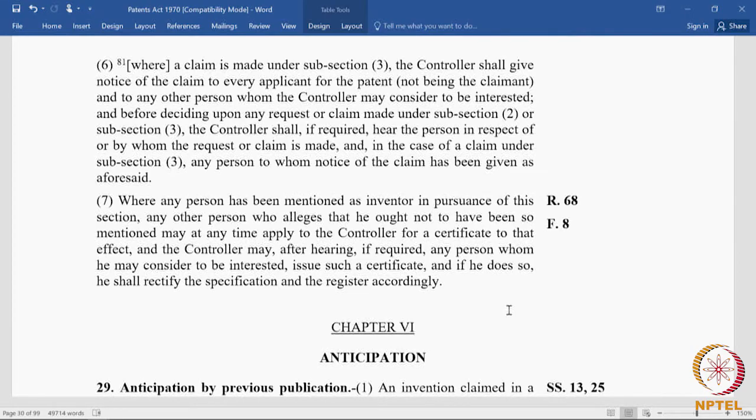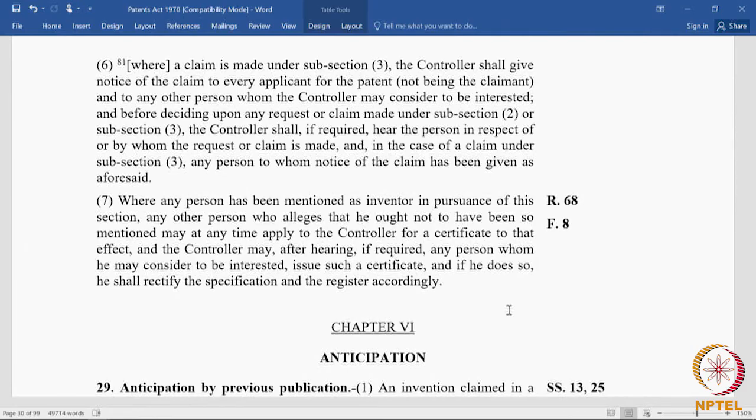Under 2 or under 3, a person's name has been added. Now, another person feels that this person is not the inventor, his name has been wrongly added. Then he can approach the controller at any time for a certificate saying that this person's name was wrongly added, and there will be a hearing.